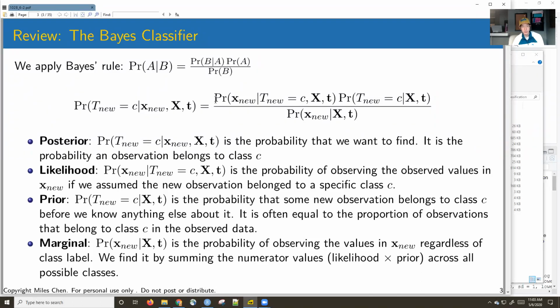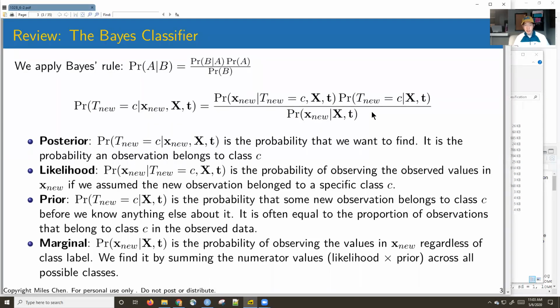The way we're going to find that is we're going to switch basically this side and this side, which gives us the likelihood, and we're going to multiply that by the prior, and divide that by the marginal probability.